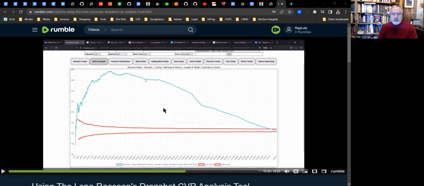And you can read this in, and then they analyze the CVR. And here, what they're looking at, in their example video, is a case where they say, well, this is where, if you were randomly sampling this population, you would be within this range.